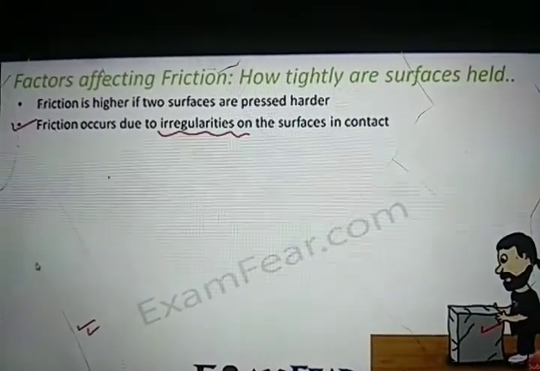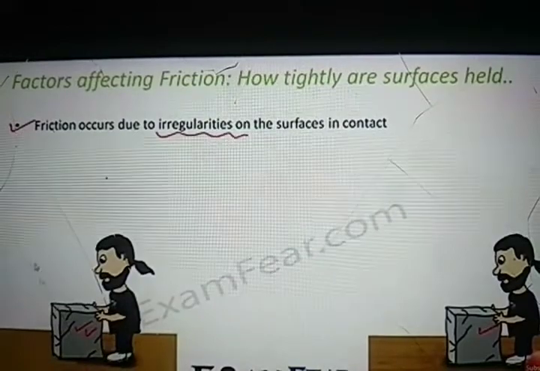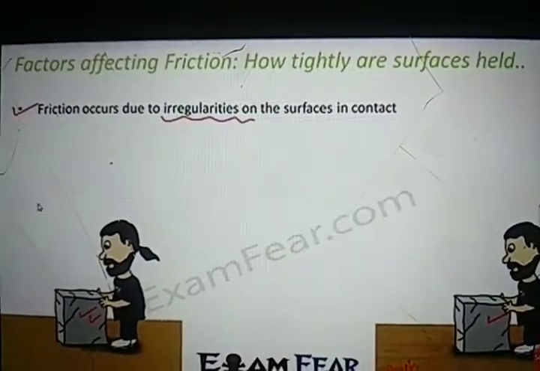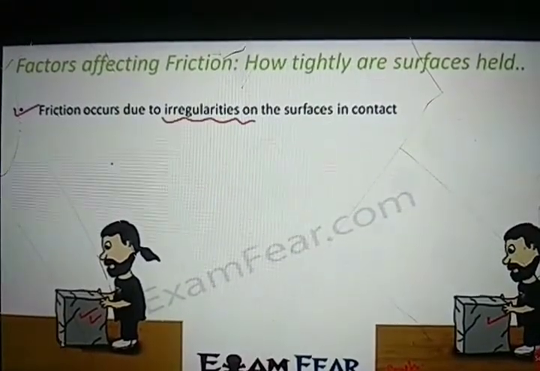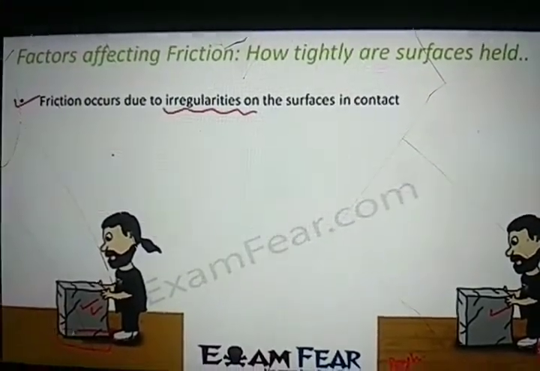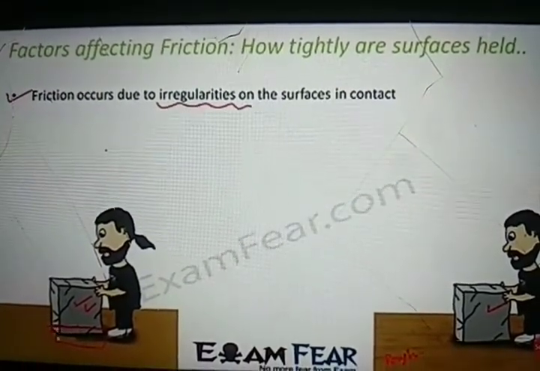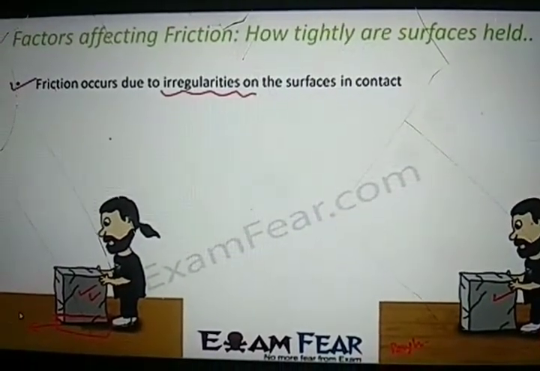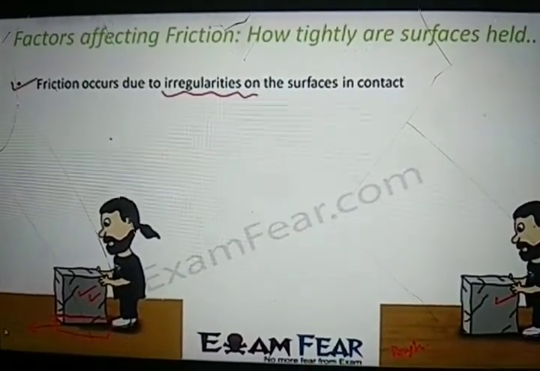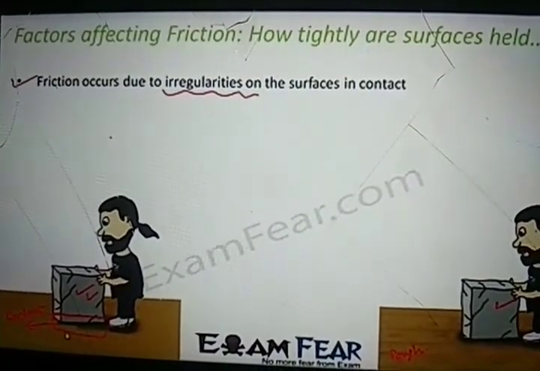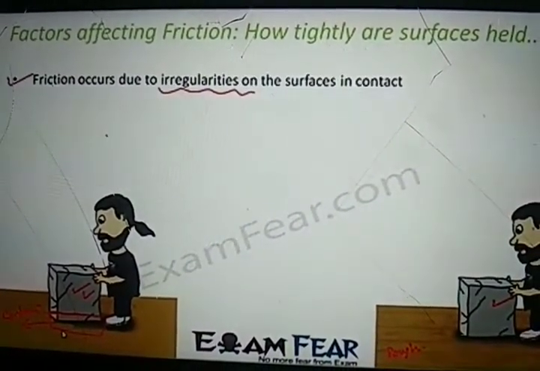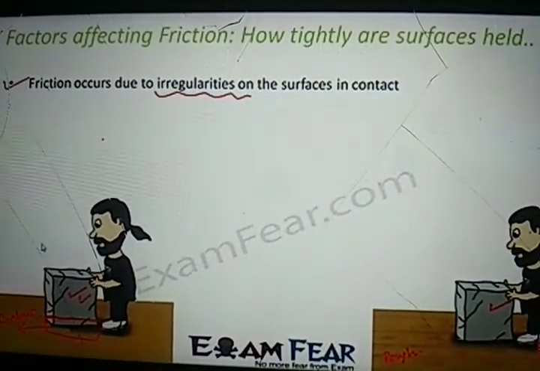If you closely observe the smooth surface, like the one on the left-hand side, this is the place where the surfaces are in contact. I'm just trying to show you how exactly this will look if you look at it very closely.